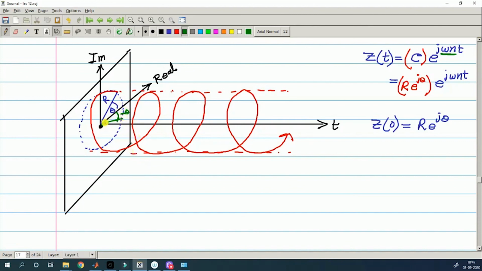The radius for both of them is the same, and then they will rotate in opposite directions, one in the counterclockwise direction and the other in the clockwise direction, like this.